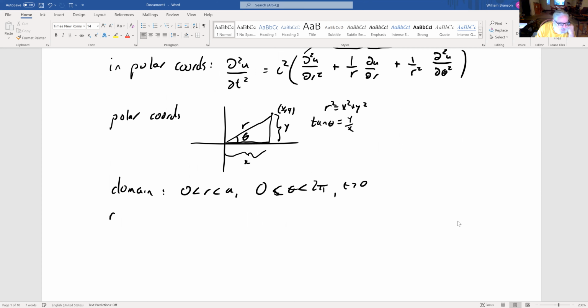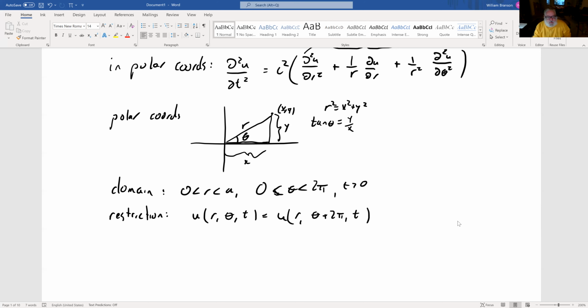We have some restrictions on this because of polar coordinates. In particular, we need that u of r, theta, t has to be 2 pi periodic, at least, in theta, right? Because if we're just going around a circle every 2 pi, you should get back to exactly the same place. So if u is our function of r, theta and t, that's a solution to the equation, it has to be periodic in theta.